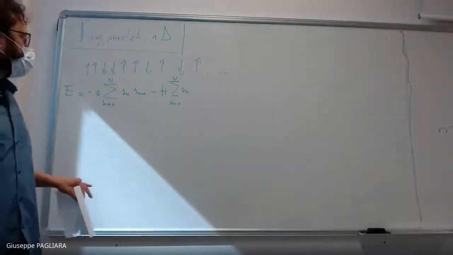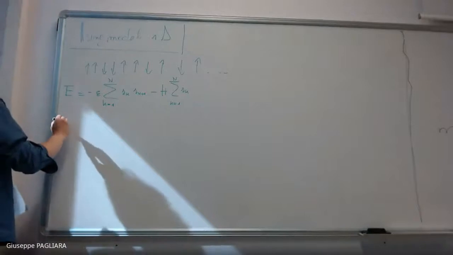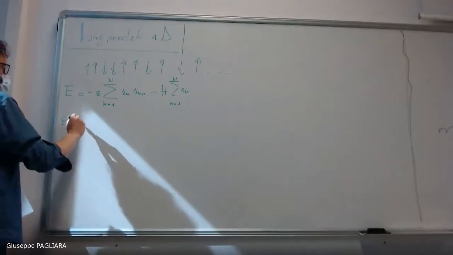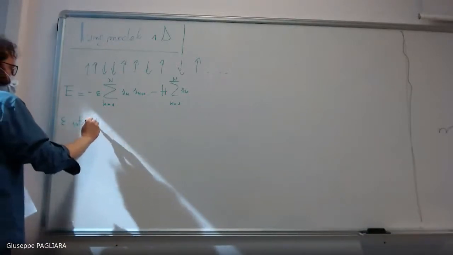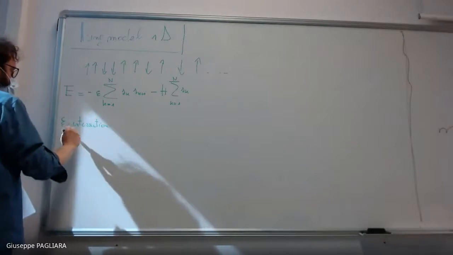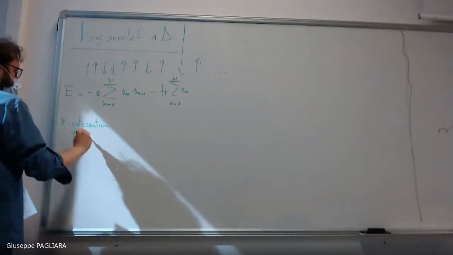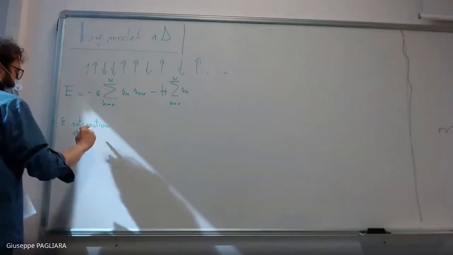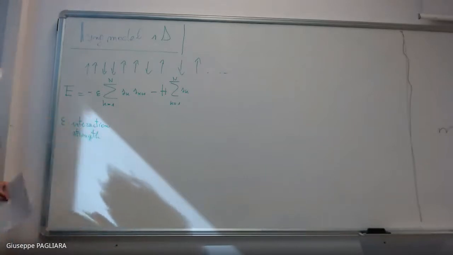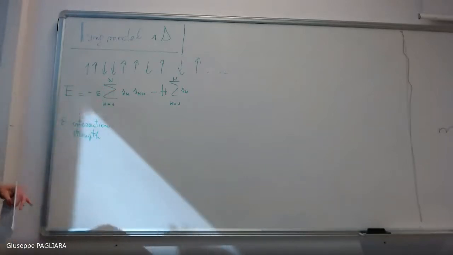Okay, so what are these quantities? Epsilon is an interaction strength among the spins.